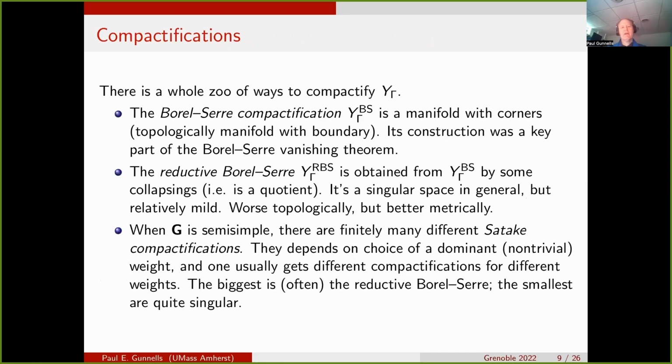All right, so now there are a lot of different ways to compactify a locally symmetric space, and I'm going to go through them. I'm really not going to say much of anything except names. It's like you're at a family reunion for someone's family you don't know, and they're pointing at the various relatives and saying, this person did jail time, this person is president of the US and also did jail time, and so on.